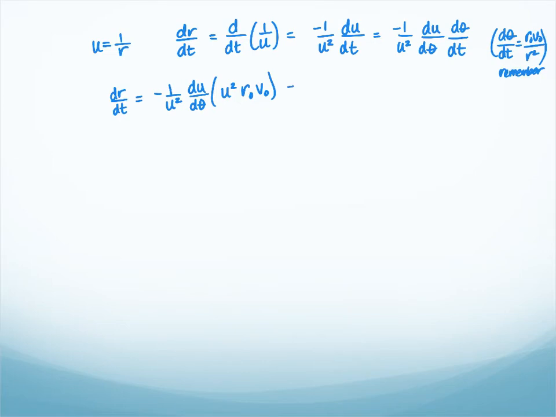And so this can actually end up to be minus du d theta r naught v naught. So our u's disappear. So this is one substitution that we can make. Anytime we see dr dt, we can substitute it with this. We have to also get the second derivative.